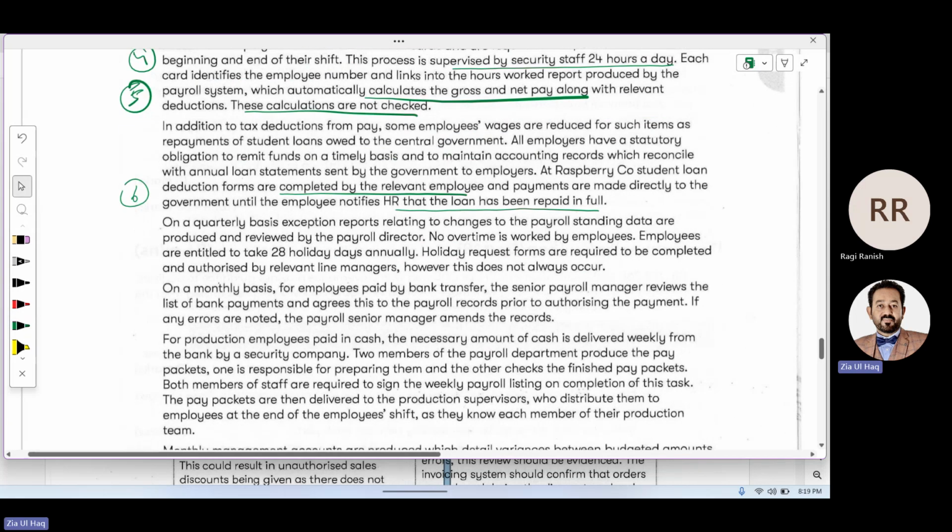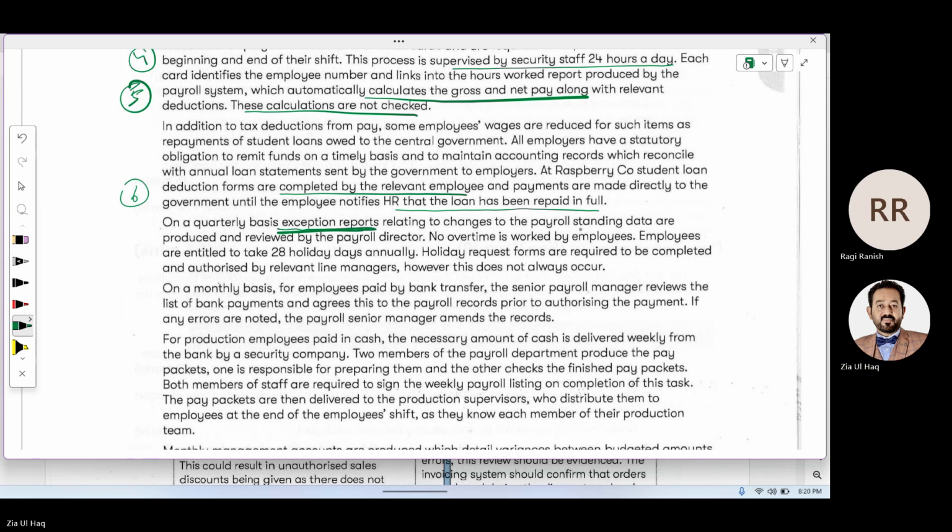On a quarterly basis, an exception report. What is this exception report? A control weaknesses report. If there is any problem in the system, those problems will be highlighted through a report called an exception report. On a quarterly basis, exception reports relating to changes to the payroll standing data are produced.